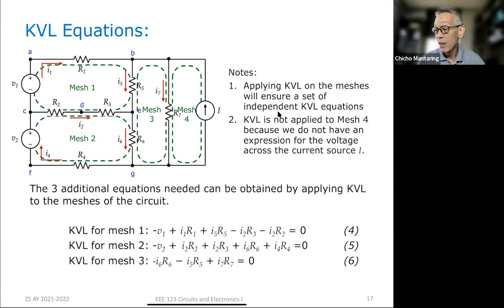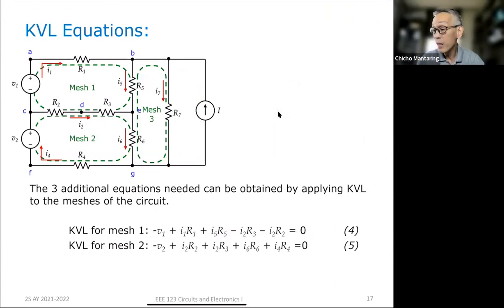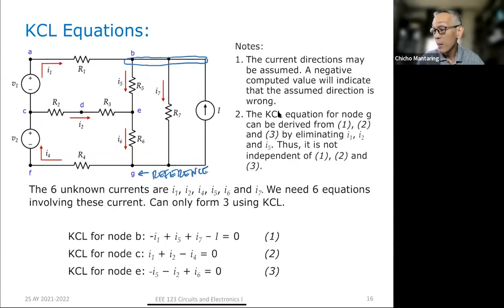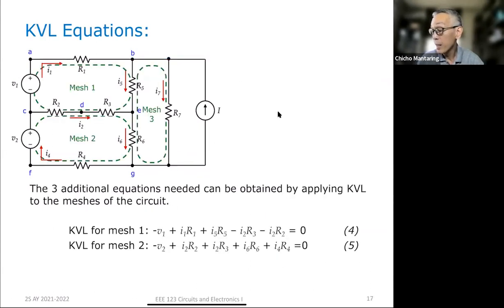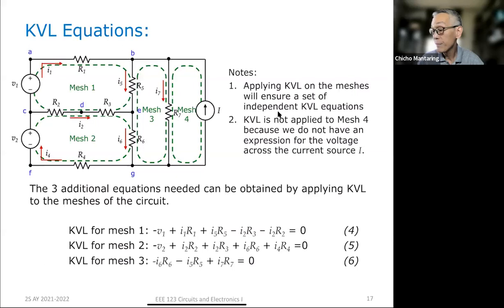So these 3 equations plus these three equations, itong tatlo. 6 equations, 6 unknowns. So the problem reduces now to a math problem. Math na lang, no, ang kalaban natin. Hindi na ito EE problem.